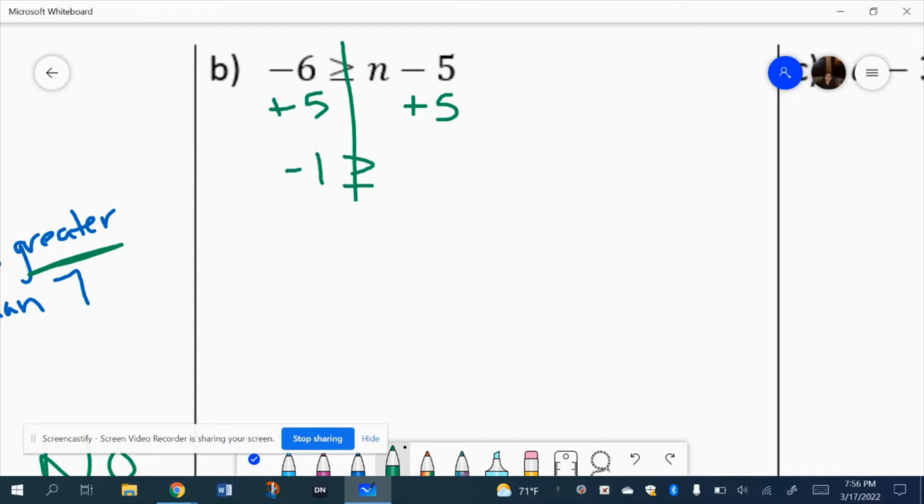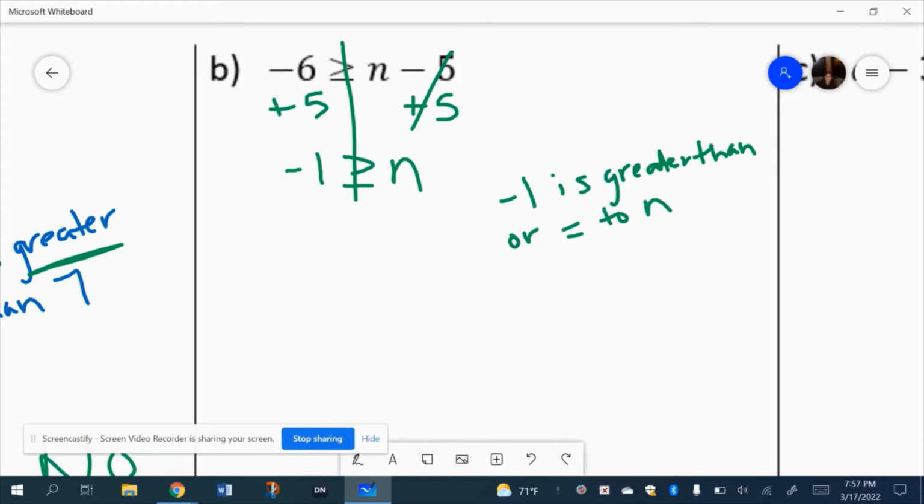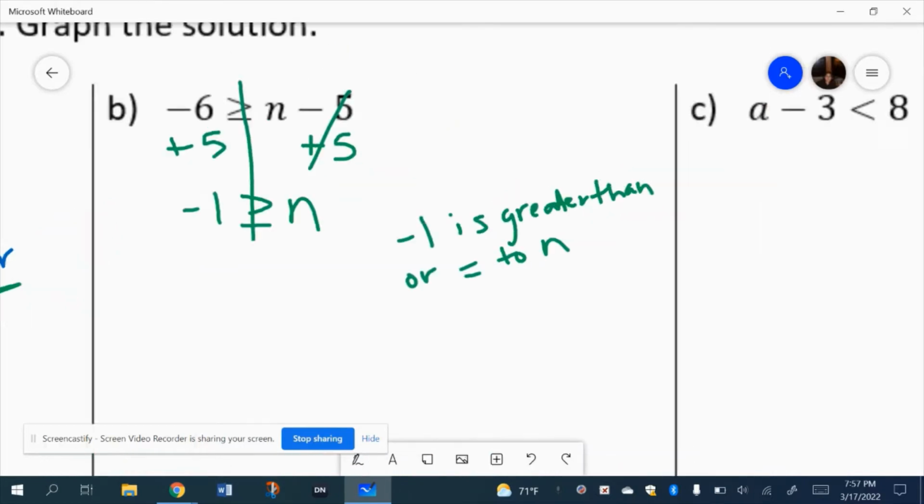Bring down that symbol. Those 5's cancel out. And we have negative 1 is greater than or equal to n. So negative 1 is greater than or equal to n.